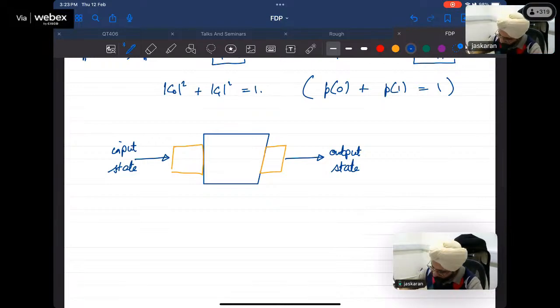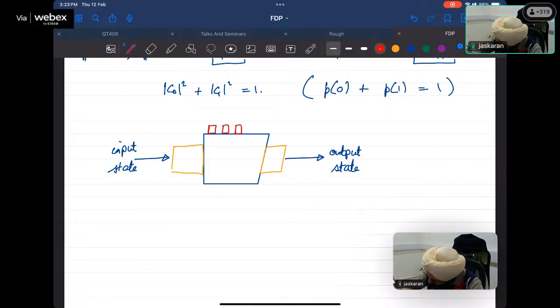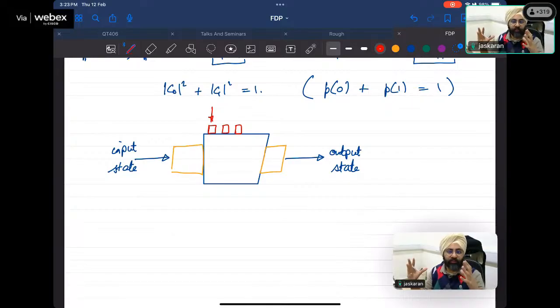Moreover, I can choose some settings. I have many different settings to choose from. For example, if I want to measure some observable sigma z, I can choose the first setting. If I want to measure sigma x or sigma y, I can choose the second setting. If I want to measure some other observable, then I can choose the other settings. So infinitely many settings are possible.